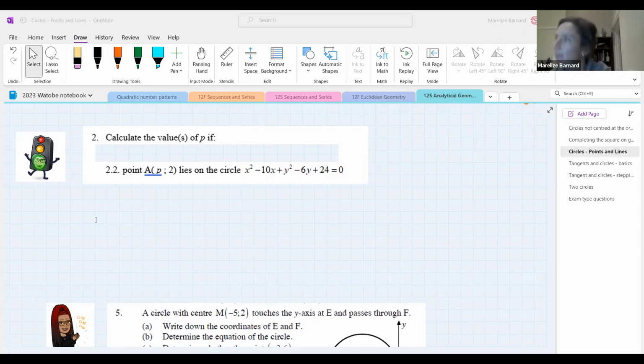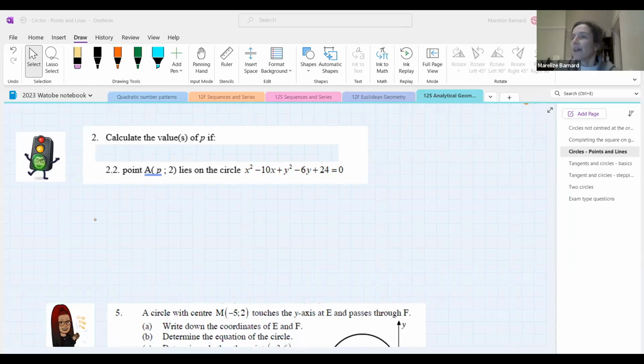So basically, you're going to have to find the r squared of your circle. You're going to have to put it in, what is this thing called again, center radius form. Then you're going to substitute your A, which is (P, 2). Then you'll have to solve for P. Perfect. Okay, good stuff. Thank you very much, Kagiso.